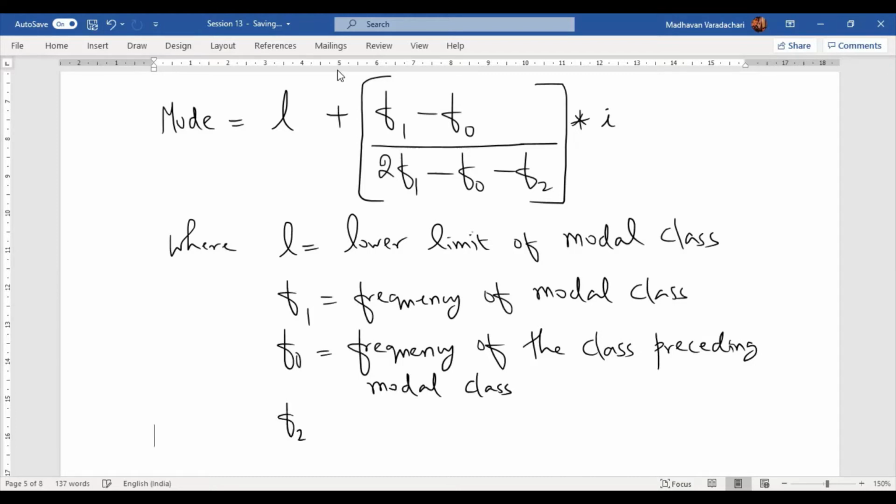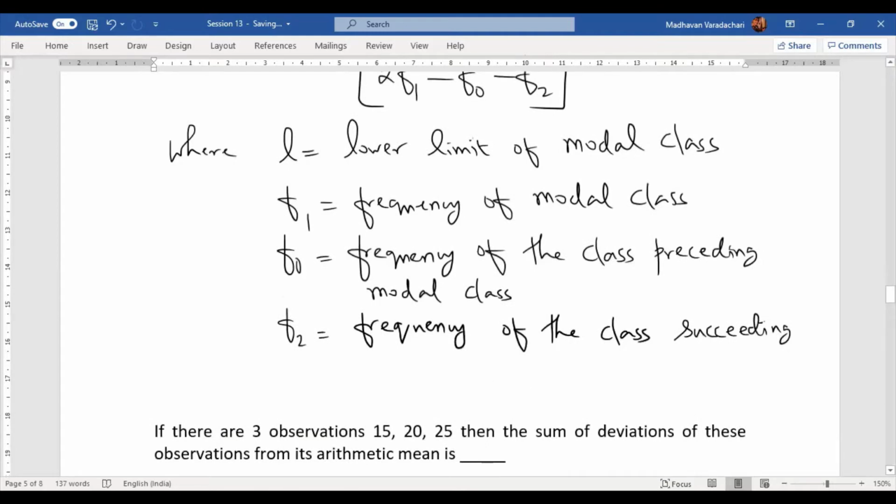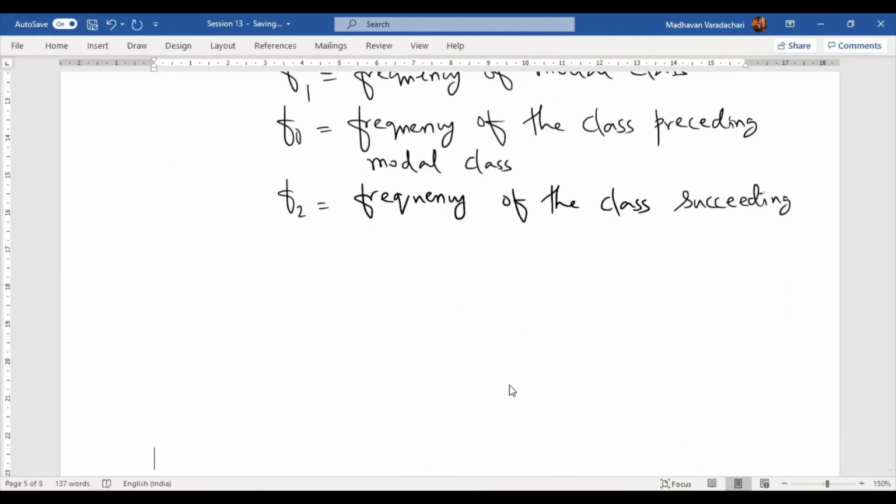F2 is frequency of the class succeeding modal class.